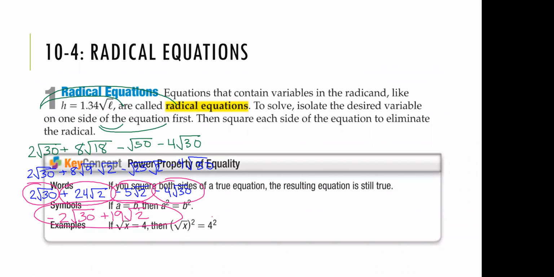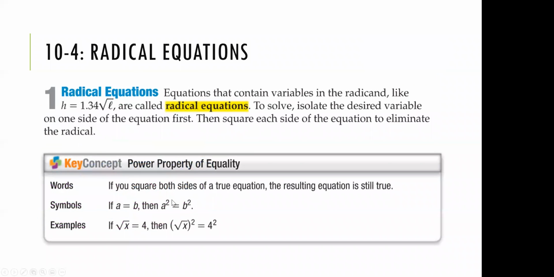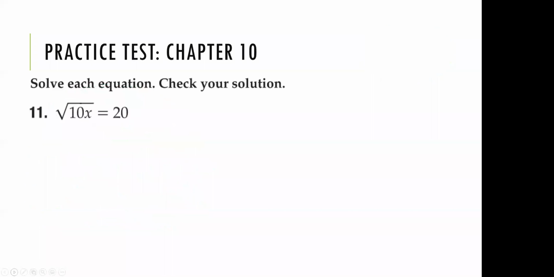So the next section talks about radical equations, okay? So if you square both sides of a true equation, the resulting equation is still true. Okay, so once you get everything around the radical to the other side of your equation, then you can square both sides and then solve your equation.